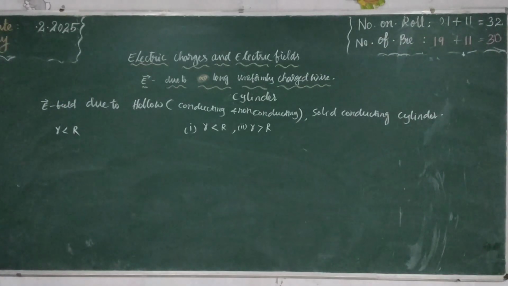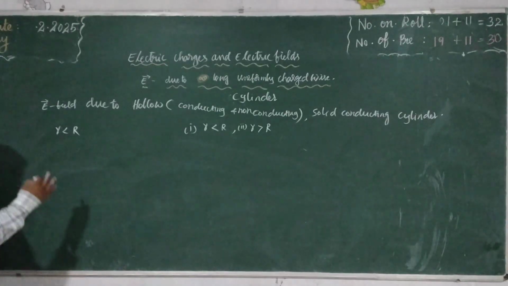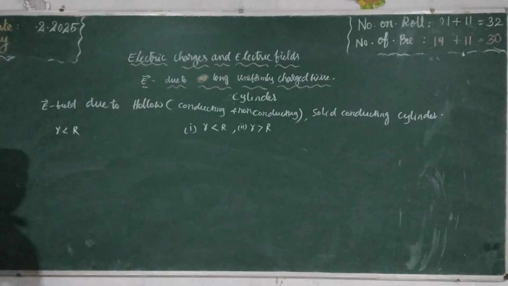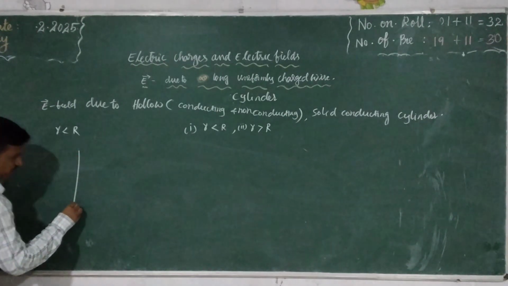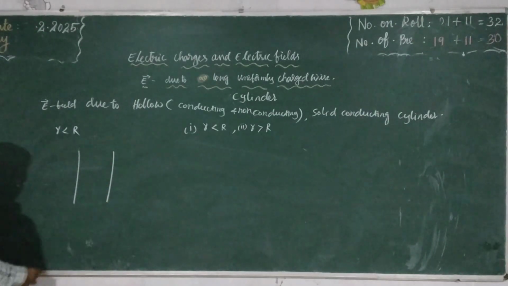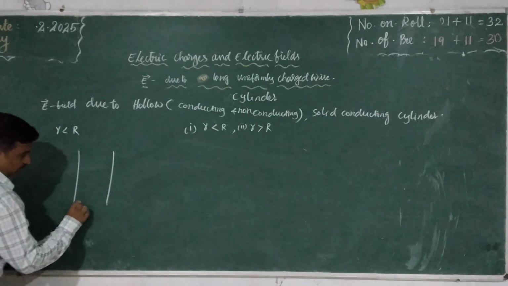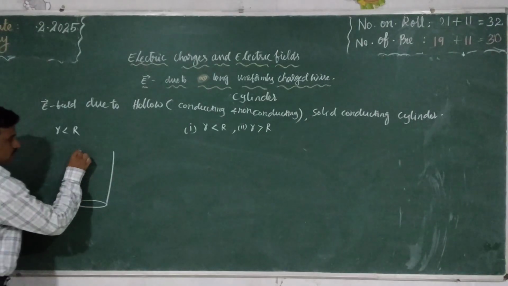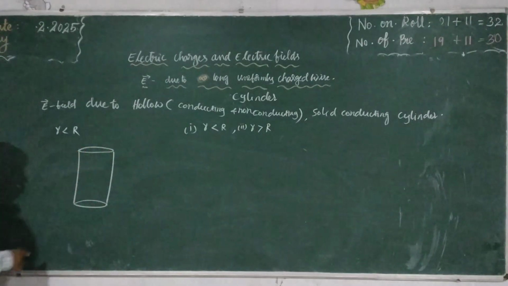For example, here we take hollow conducting, hollow non-conducting, and solid conducting cylinders. In all of them the charge will be on the surface only. This is the cylinder, and the charge is distributed on the surface. Whatever charge is inside reaches the surface only.